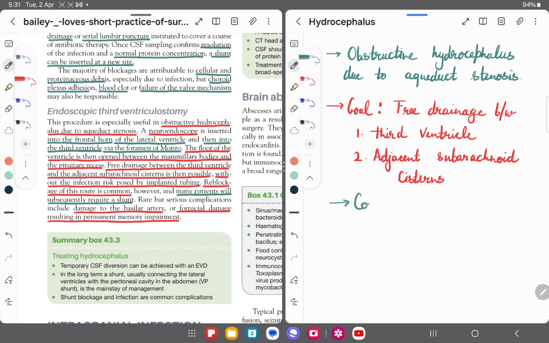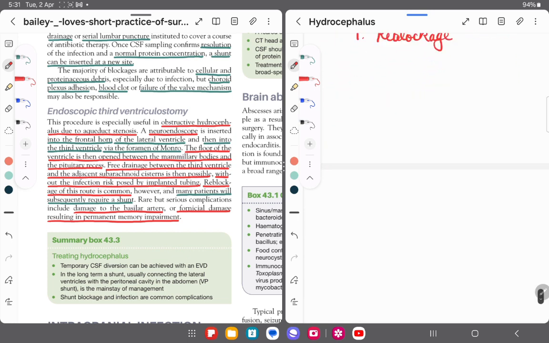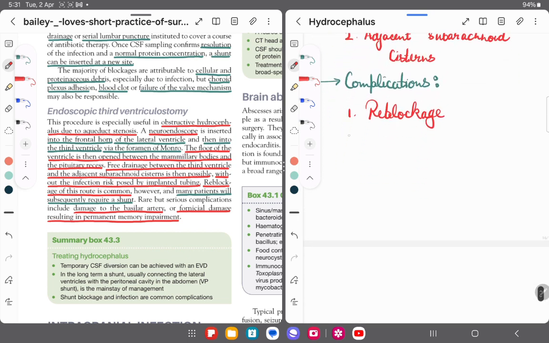Complications are reblockage, damage to the basilar artery, and hypothalamic damage resulting in permanent memory impairment.